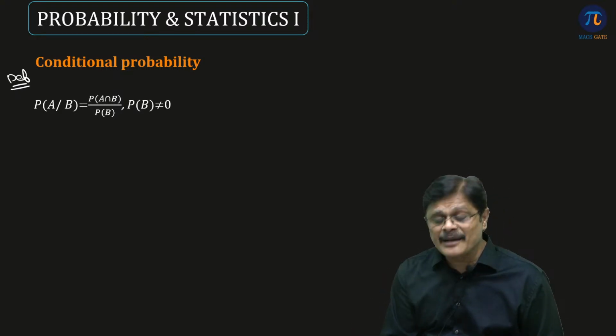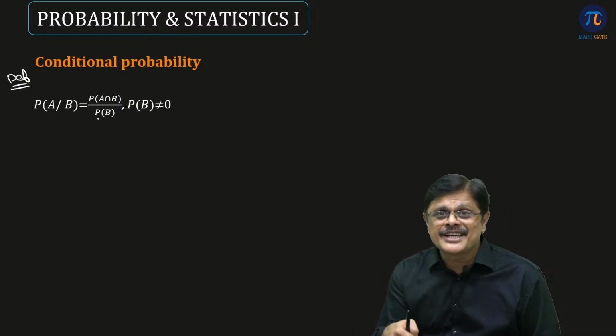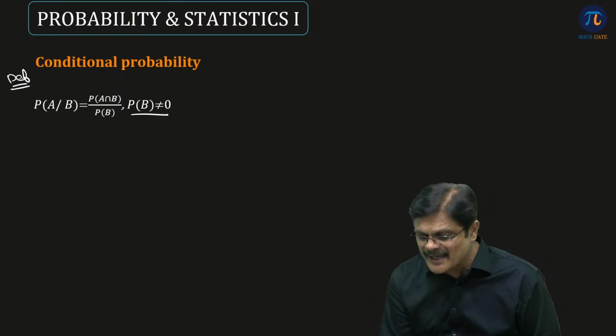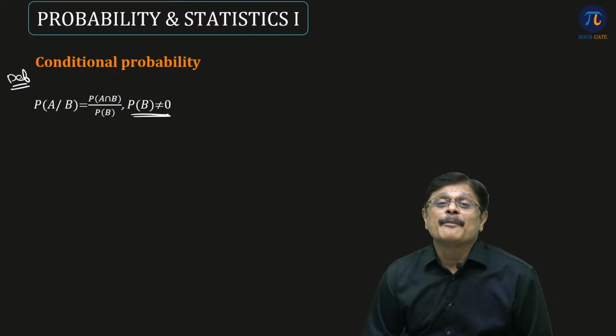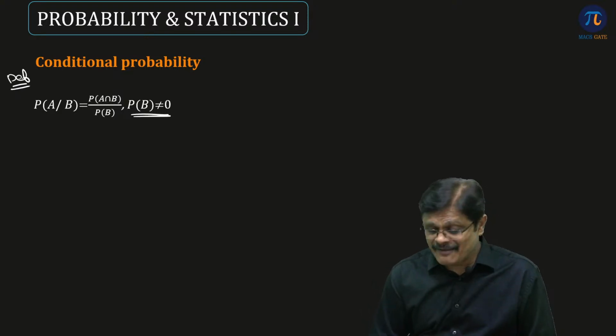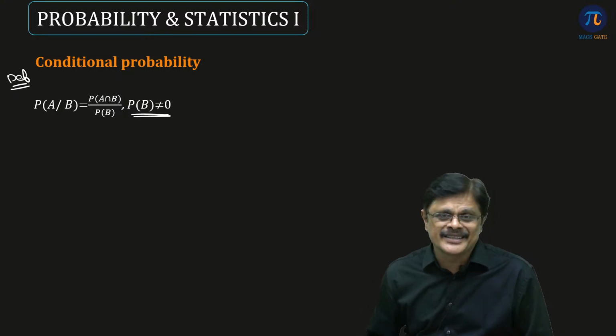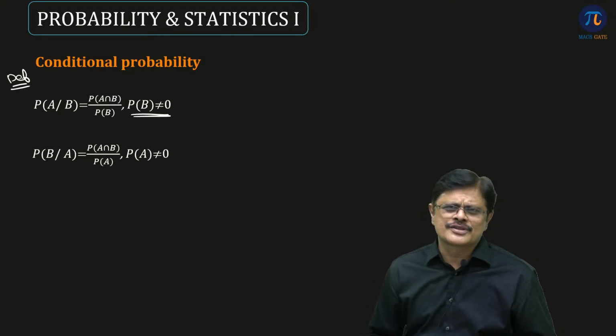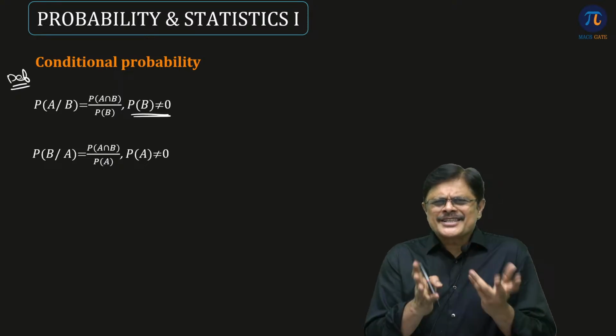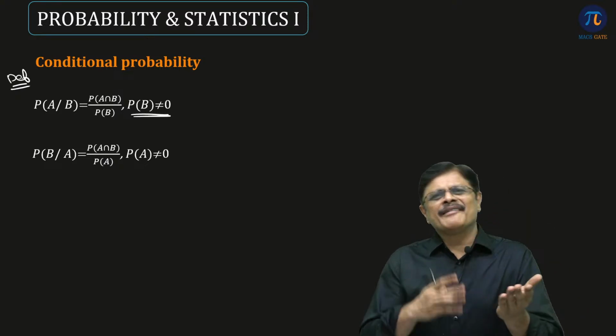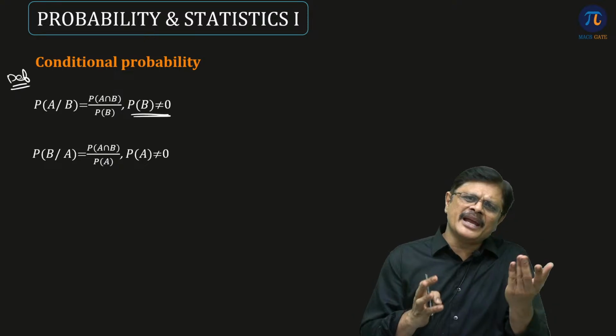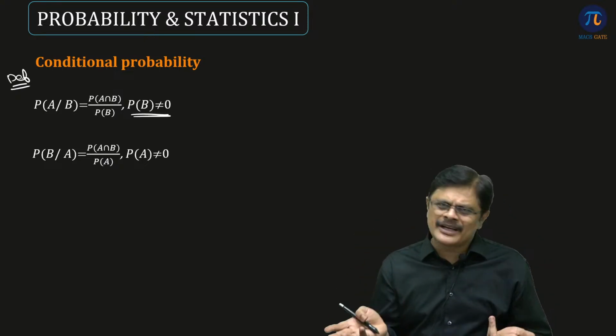But when you are writing probability of B, because the denominator cannot be 0, B should be a possible event. That is very, very important. And of course, A given B can happen. Similarly, B when A has already happened can also be there.